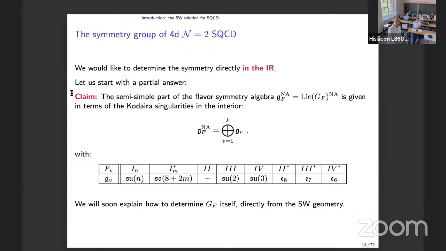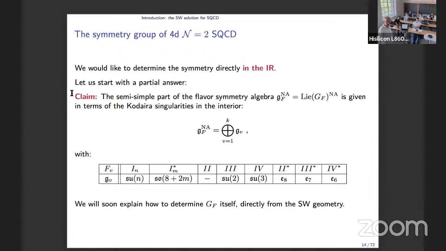The first part is pretty simple, and for anyone doing F-theory, that would be pretty well known. For each singularity of Kodaira type, you associate a flavor algebra in this way. So the I_N in particular is associated to an SU(N) flavor symmetry. The I*_M is associated to SO(8+2M) flavor symmetry, and then there are those exotics.